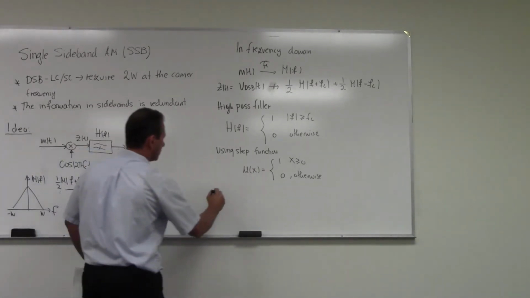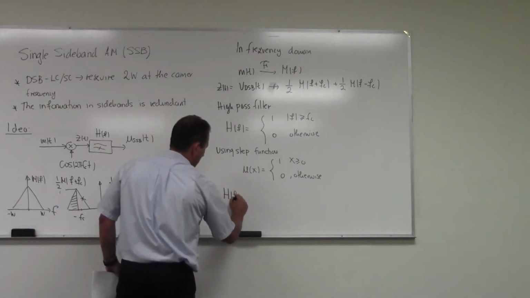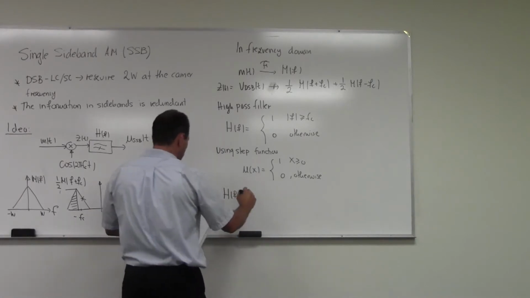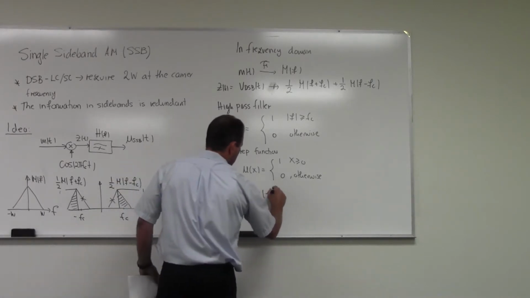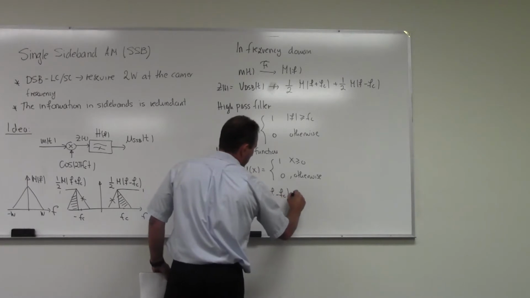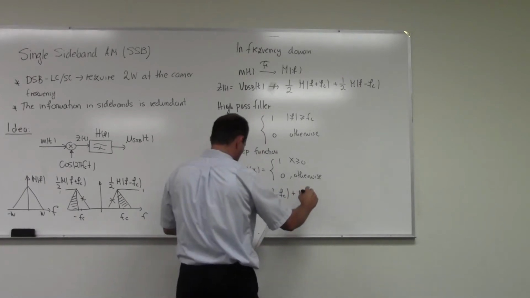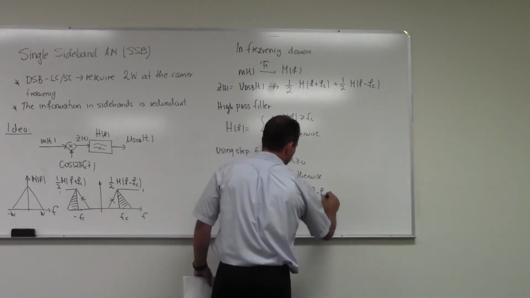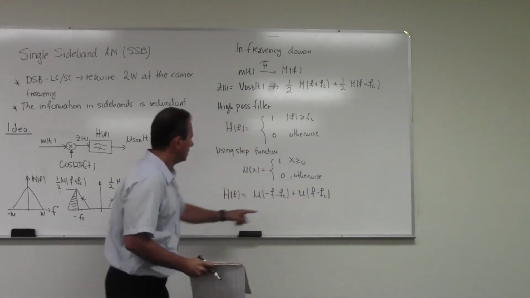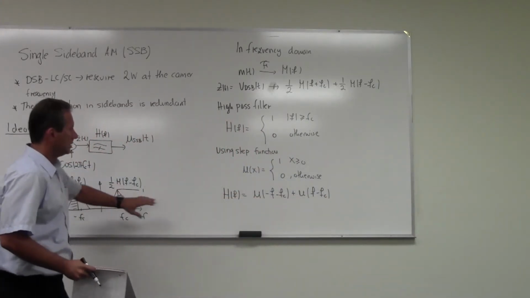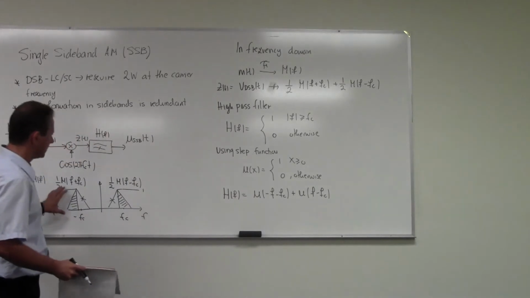I can say H of f is going to be equal to u of minus f minus fc plus u of f minus fc. This guy here is the right-hand side, and this guy here represents the left-hand side.